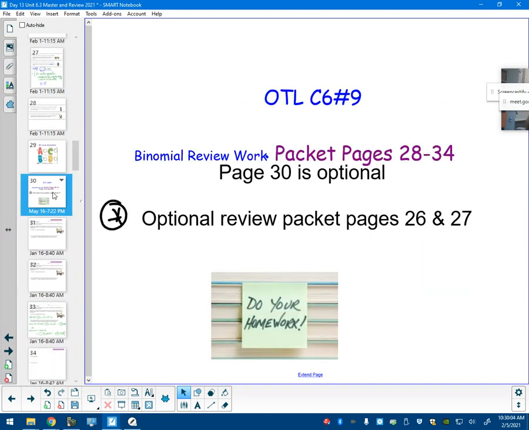Oh, here it is. 28 to 34, page 30 is optional. And remember, 26 and 27 are optional. It looks like a lot, but I don't think it's gonna take that long. 28 and 29 will maybe take 5 to 10 minutes. The last page is 5 multiple choice, and it will probably take the longest.